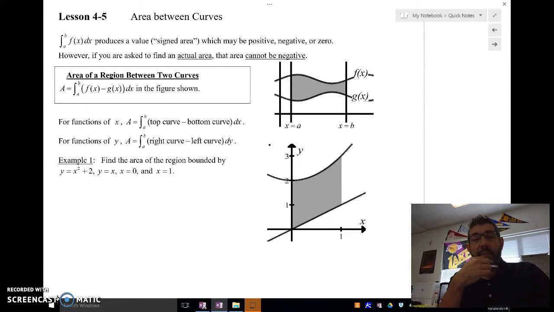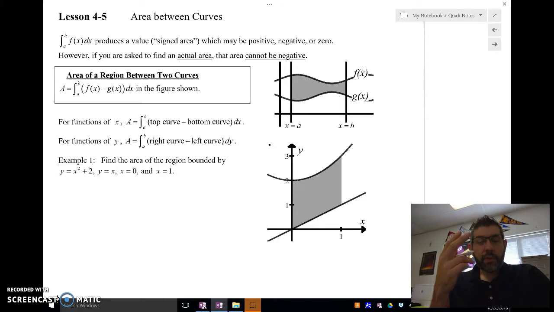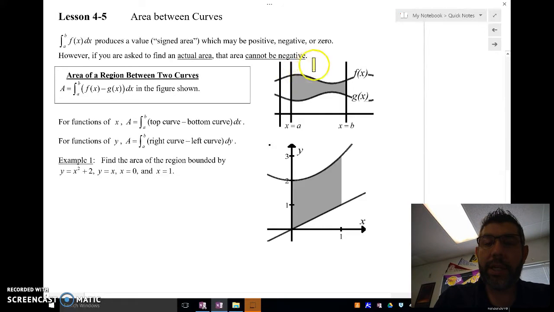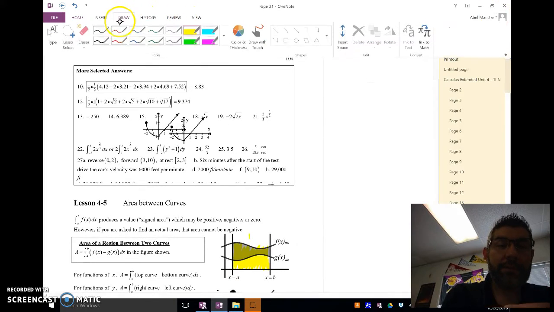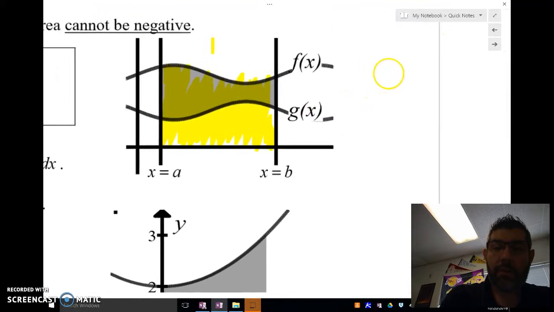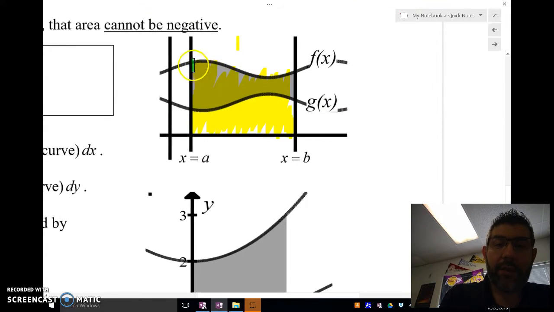Sometimes you're asked to find the area between two curves. So I've given you the formula here, and let me explain what's going on. What we're doing is finding the area underneath f of x, so all this area, and then we'll find the area underneath g of x.